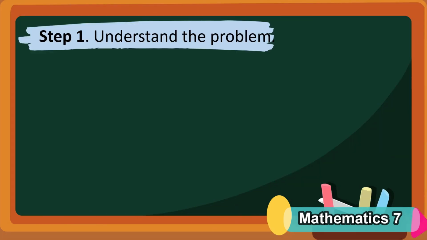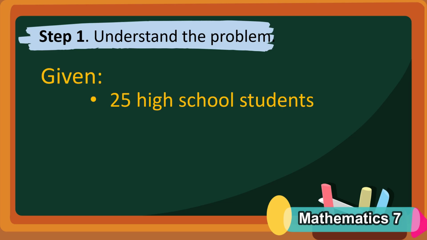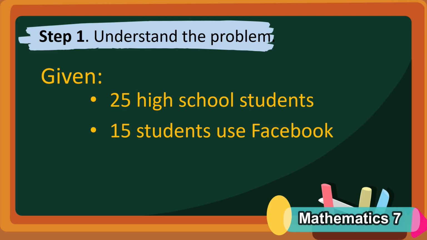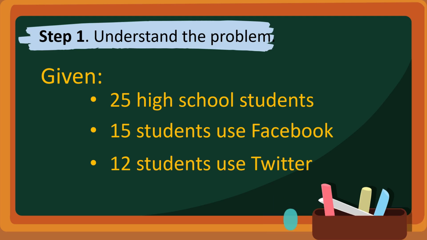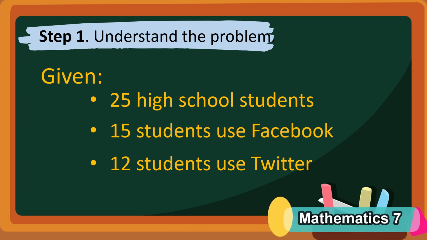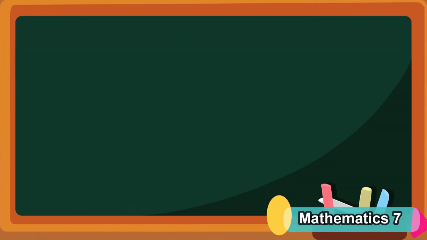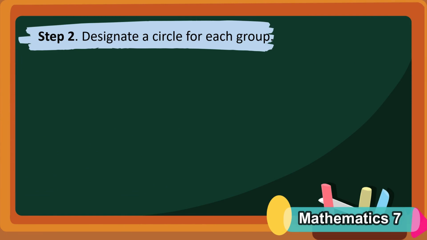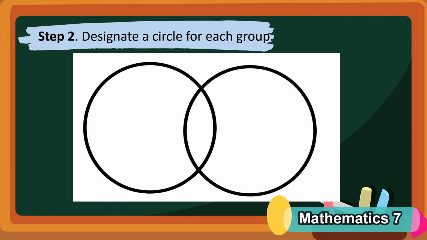Step number 1. Understand the problem. 25 high school students were asked. 15 students use Facebook. 12 students use Twitter. Step number 2. Designate a circle for each group. Since there are 2 networking sites, we'll use a 2-circle Venn diagram.